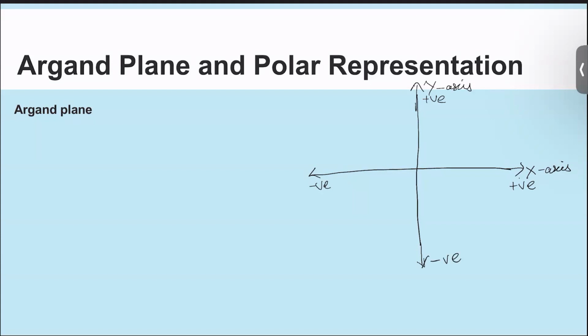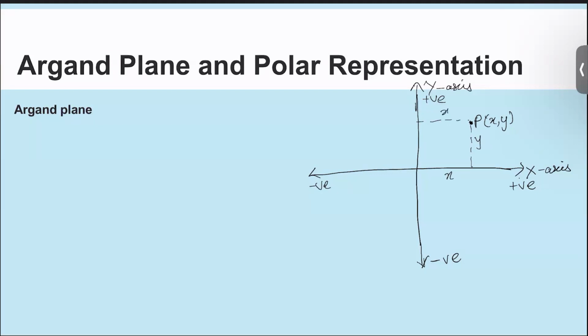Any point in this xy plane can be represented as a point. Suppose you have a point P. The distance of point P from your x-axis and y-axis can easily be determined, and it can be written in this form. Point P is at a distance x and y from the two different axes.